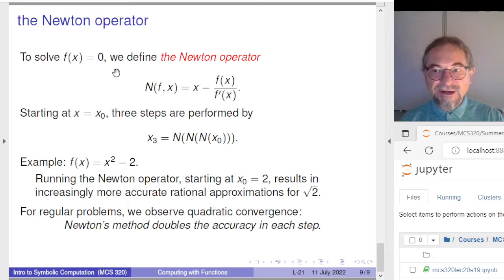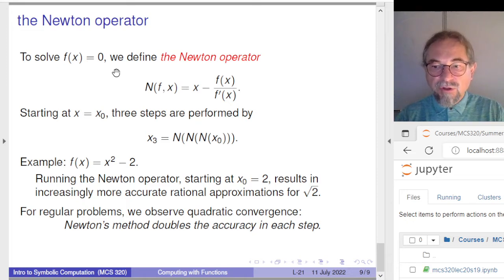If we start at 2, an integer, an exact number, then the symbolic computing system will produce rational numbers. And these rational numbers will double in accuracy in each step. That makes a nice connection with the beginning of the course, where we considered rational approximations. You could have wondered, why does this go so fast? Well, here is one very fast algorithm to do this.